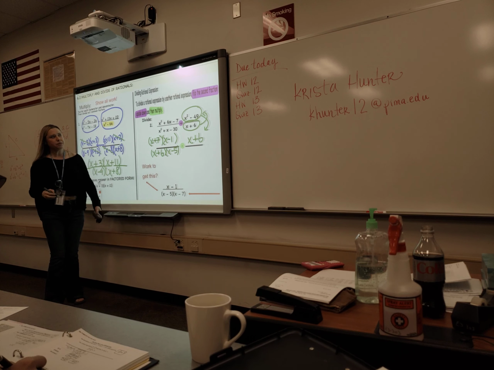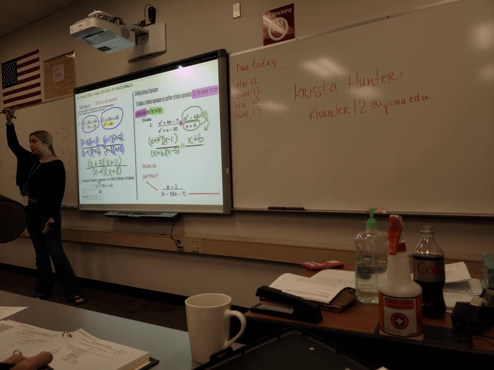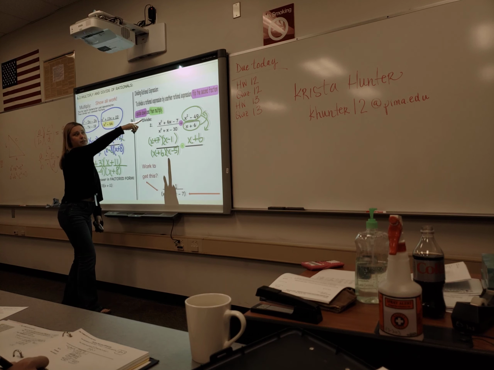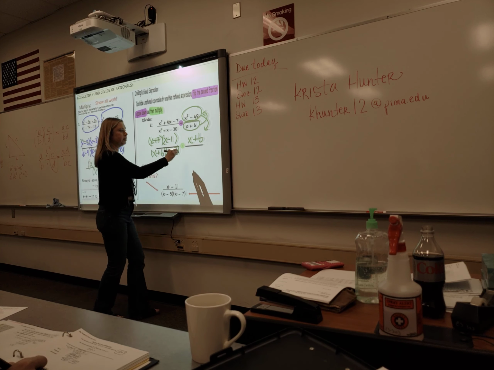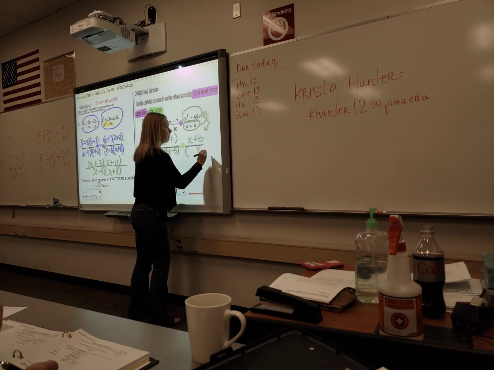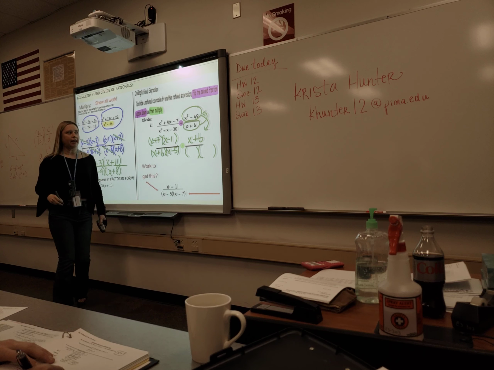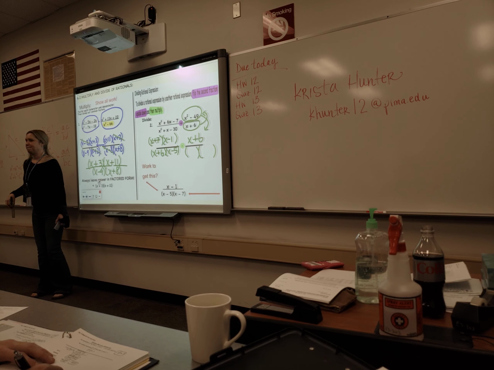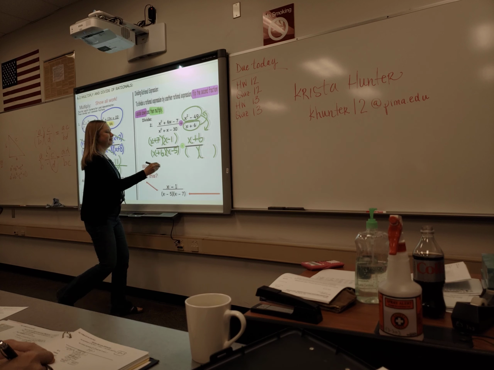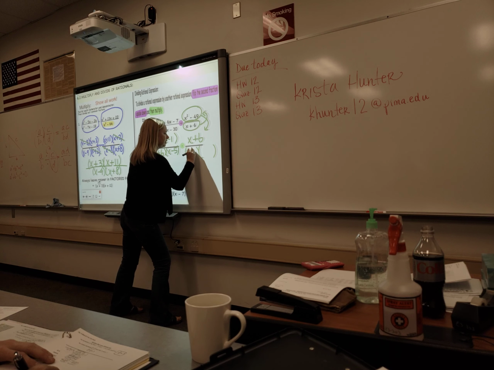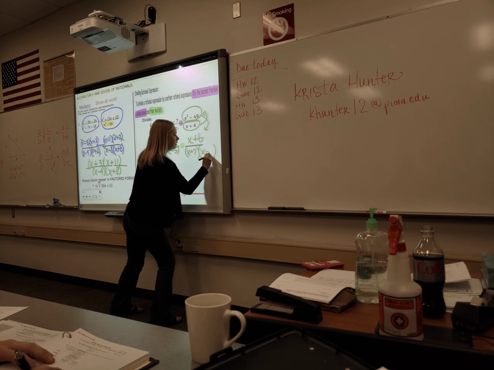We're gonna move that x plus 6 up top. And we're gonna factor the x squared minus 49, difference of squares, down below. Who wants to factor that? x squared minus 49. x plus and minus 7. Thank you. x plus 7, x minus 7.